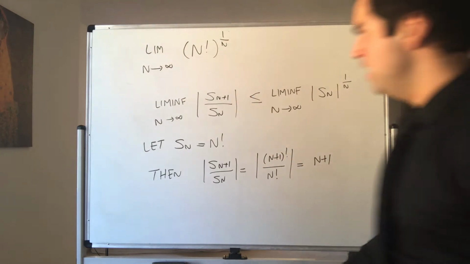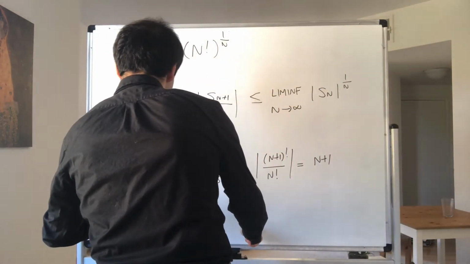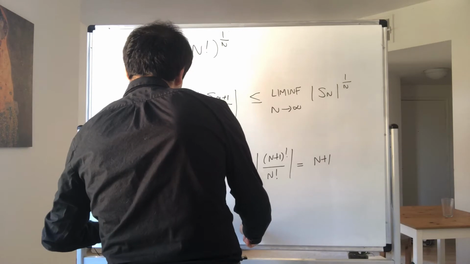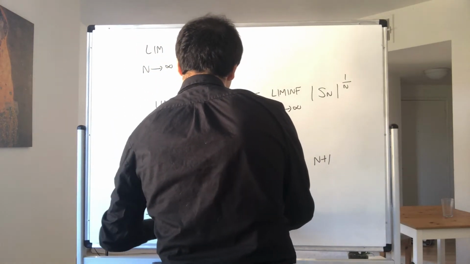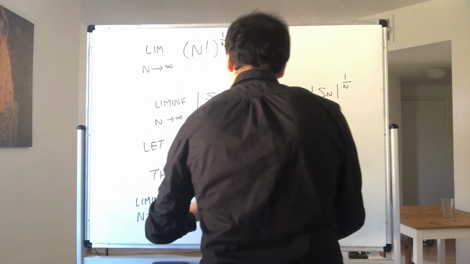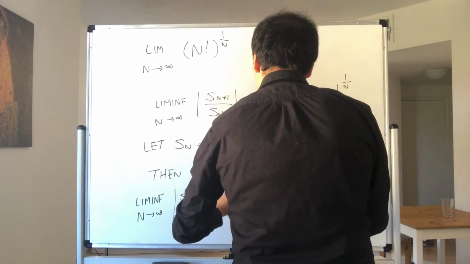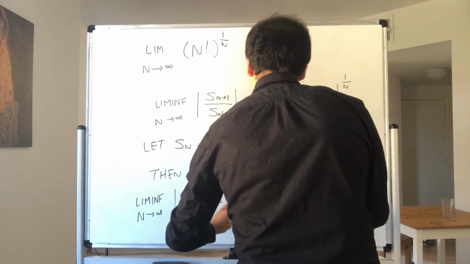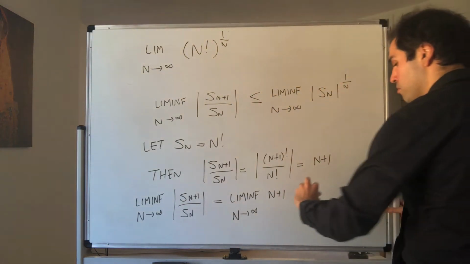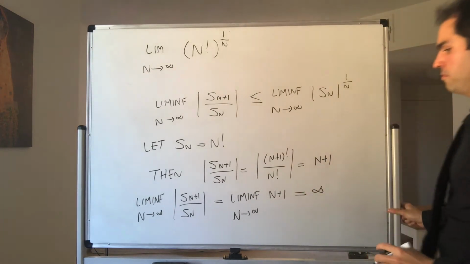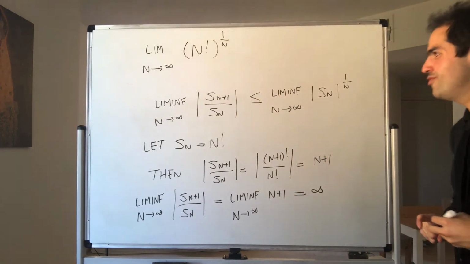And therefore the lim inf as n goes to infinity of the ratio term, again the smallest possible limit of the ratio term, is just the smallest possible limit of the function n plus 1, but that's just infinity, because this thing blows up to infinity.